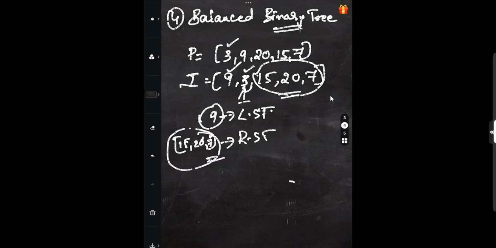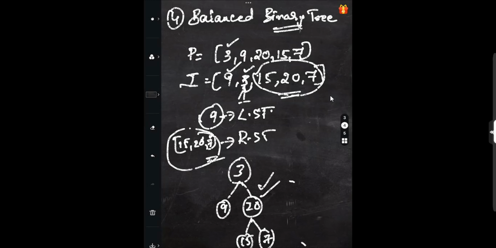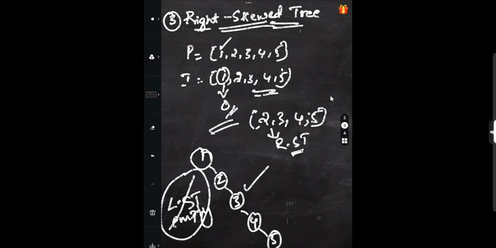This will be the right subtree. So how can we draw the tree here? First, this will be 3, starting from 3, 9 and 20, finally 15 and 7, right? So the output will be this one itself. Whatever diagram I have drawn, that will be the output here.